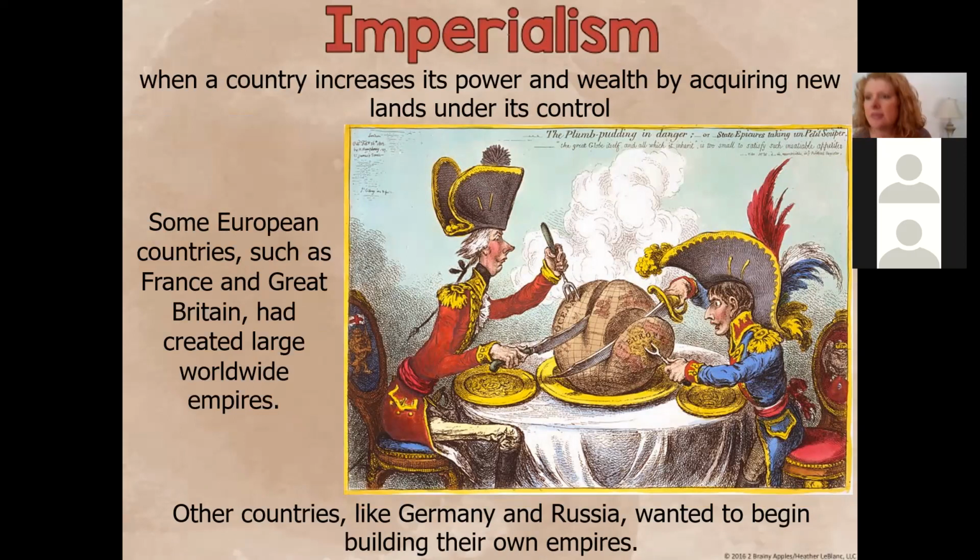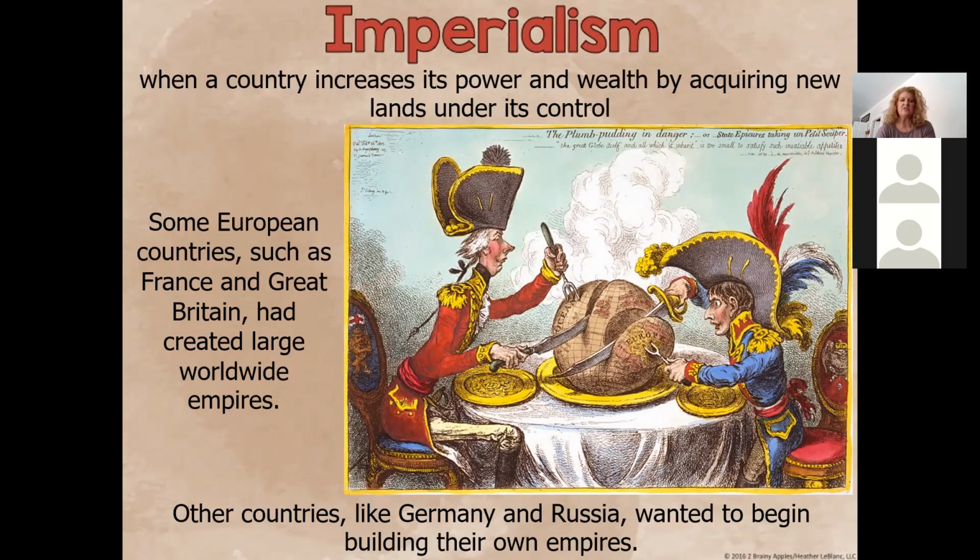We talked about the imperialism of carving up almost the entire continent of Africa, pretty much everything other than the country of Ethiopia was carved up and distributed by more powerful countries. France and Great Britain created huge empires worldwide. Great Britain was so large that there was no time of day that the sun wasn't shining somewhere on the British Empire.